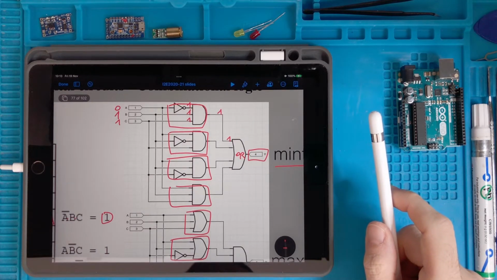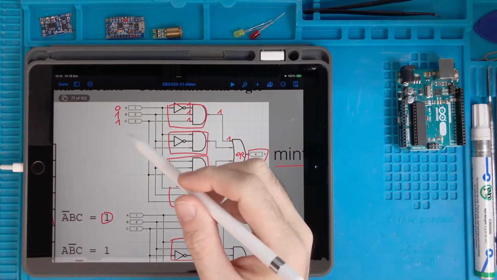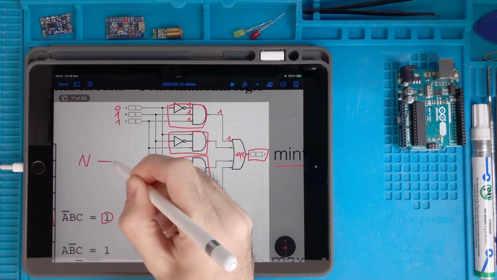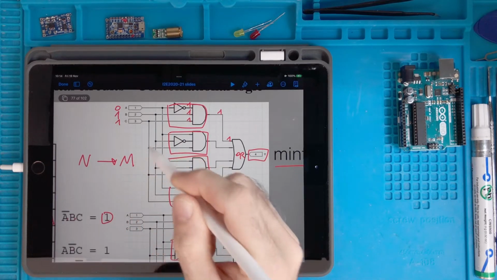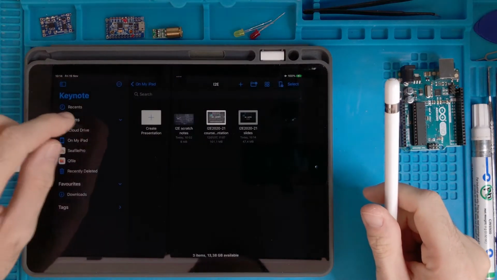So how can we implement a function that goes from a number of inputs, let's say equal to n, to a number of outputs equal to m? It's simple, we just do this.